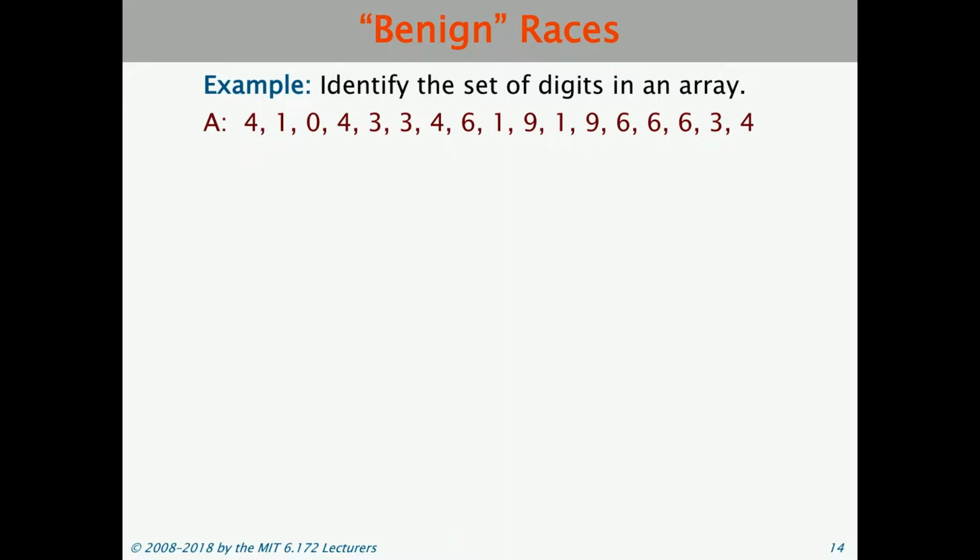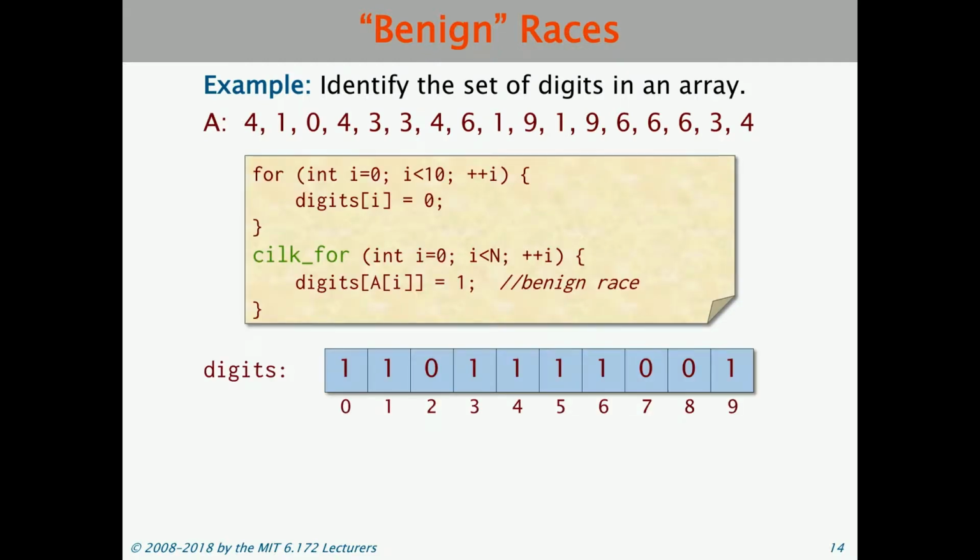Suppose we want to identify the set of digits that occurred in some array. So here's an array with a bunch of values in it, each one being a digit from 0 to 9. I could write a little piece of code that runs through a digits array of length 10 and sets the number of digits I've seen so far of each value to be 0.